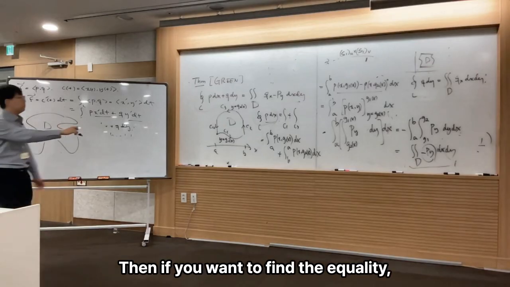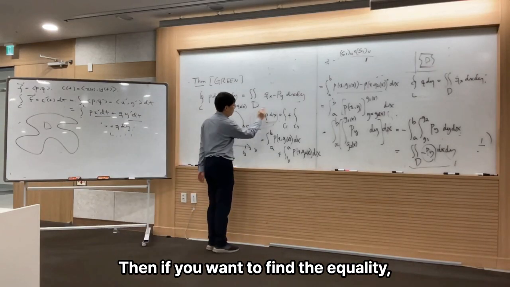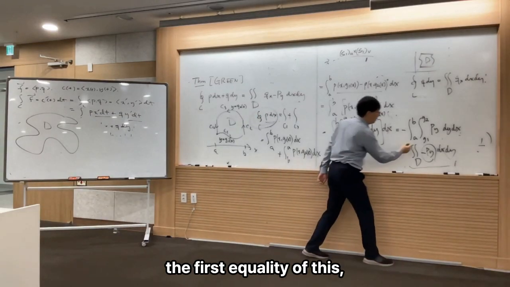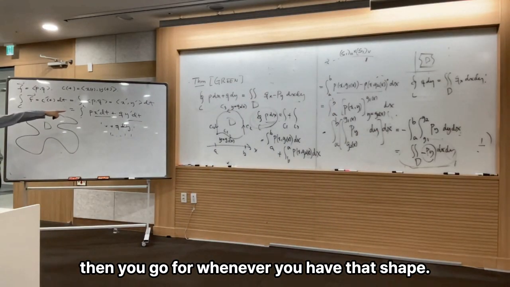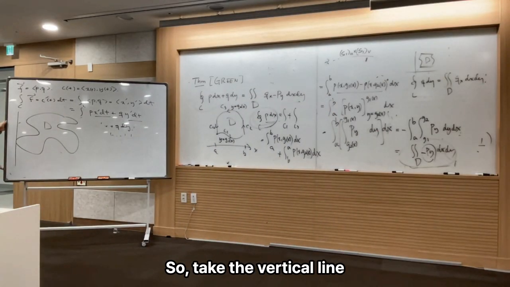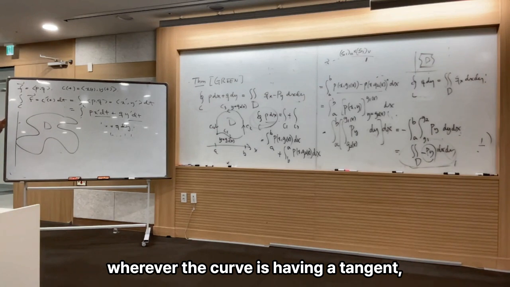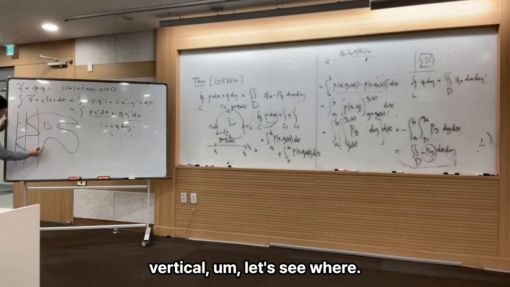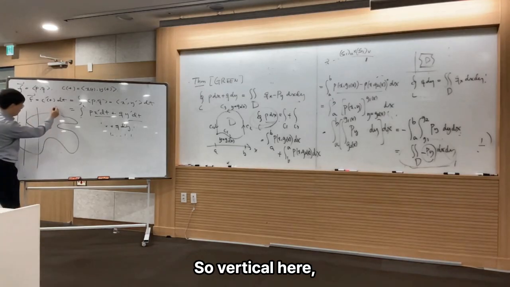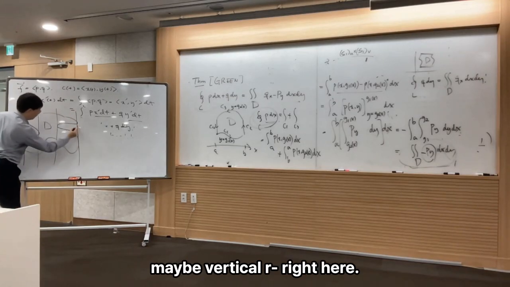Then, to find the first equality, take the vertical line whenever the curve has a vertical tangent line. So here, maybe vertical right here.